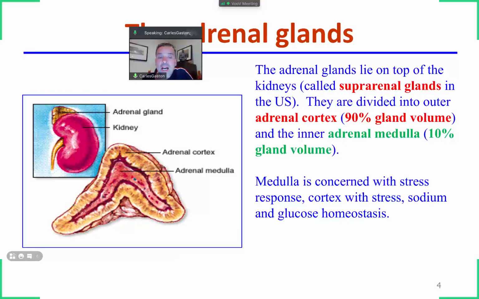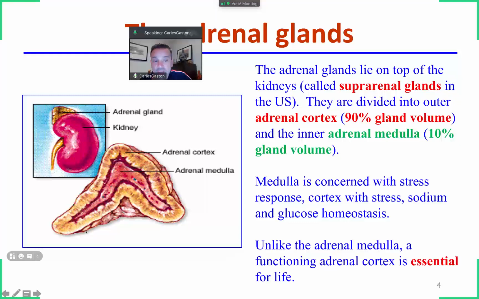The medulla, as we studied yesterday, is concerned with the stress response using catecholamines, and also the cortex, this part here, is concerned with stress response, sodium and glucose homeostasis in the body.